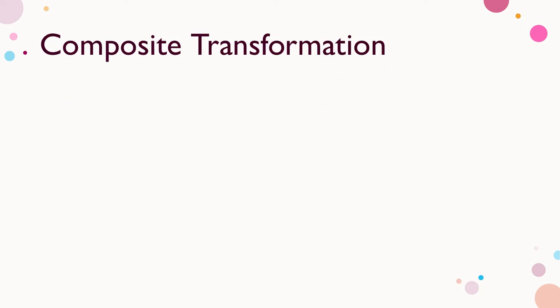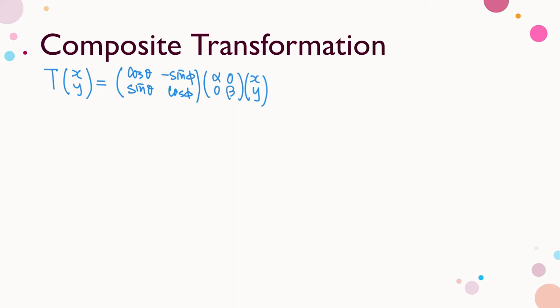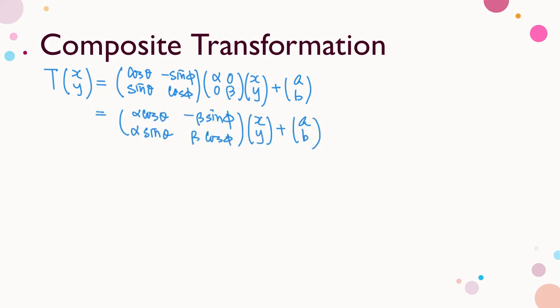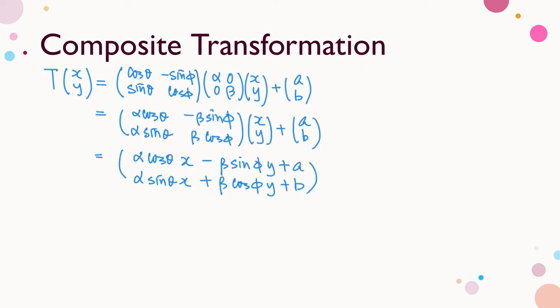Suppose the composite transformation T combines 3 transformations in the way that it takes a scaling first, then a general rotation, and followed by a translation. Then the image of the composite transformations is given by, that is, let me use a concrete example for demonstration.